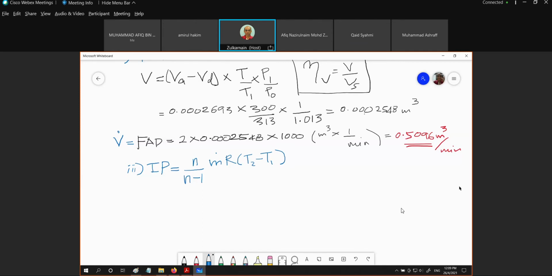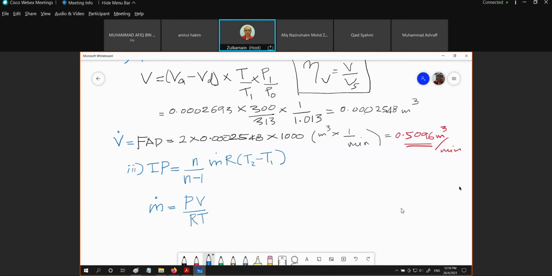So in this case, we have to get the M dot. What is M dot? We already have the V dot. Therefore, the M dot is equal to PV over R T. Do we need to multiply this M dot by 2?